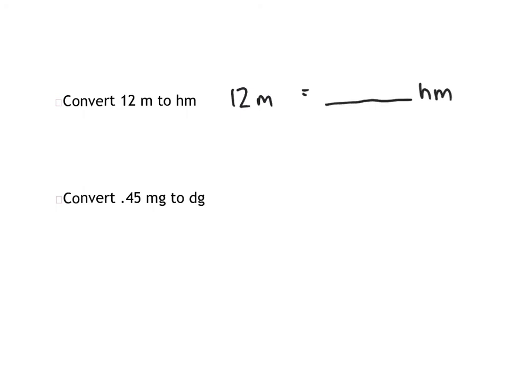All right, so let's go with our steps. See, meters is by itself. This is not milli. This is millimeter. Milli by itself is just meter. So that's why we're going to hectometer.